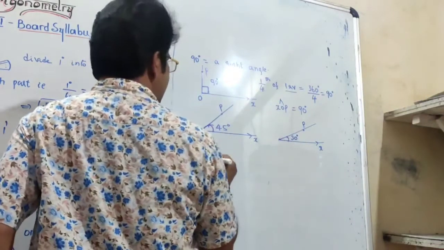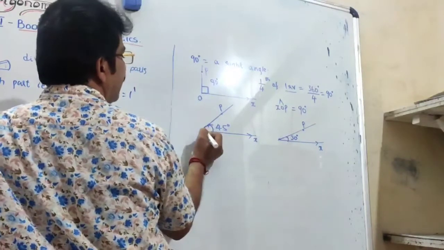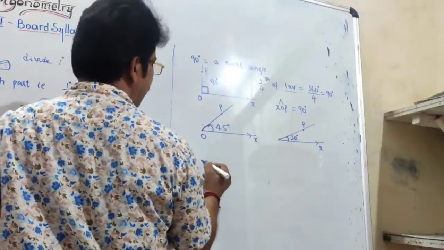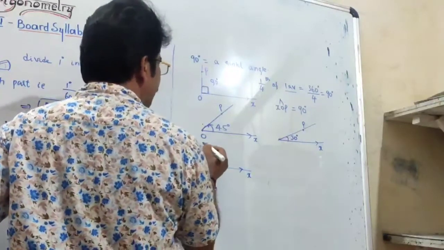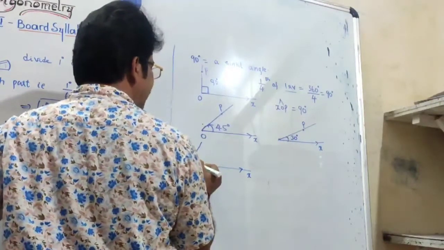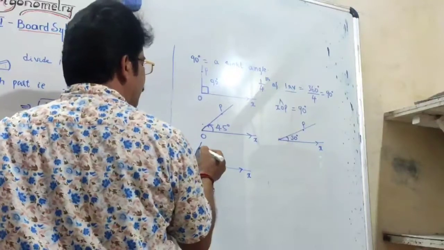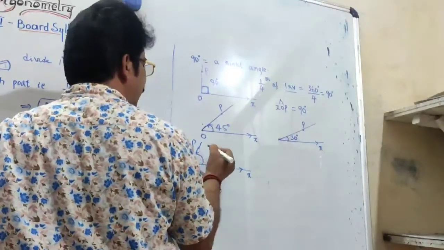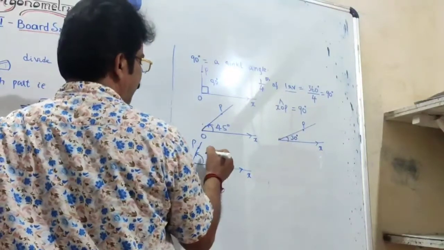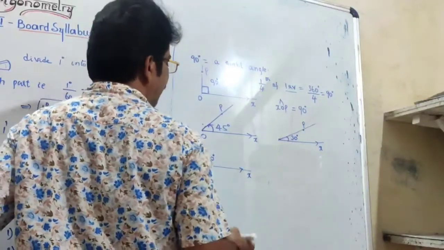Next, 60 degrees. This is 45, another 15 may be like that. This is the x-axis. Next, 60 degrees is like that. This is O, this is capital P, measured in the anti-clockwise direction, the positive direction. It is 60 degrees.